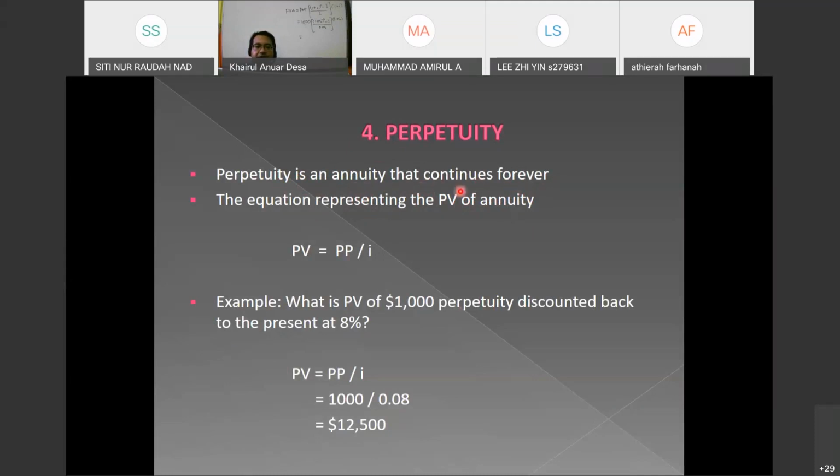This annuity continues forever. Okay. Annuity maknanya siri pembayaran ini akan berlanjutan selama-lamanya sehingga mati.